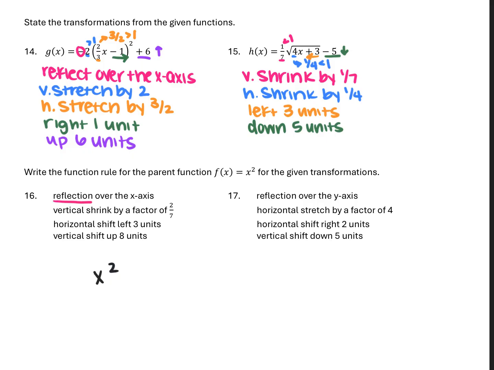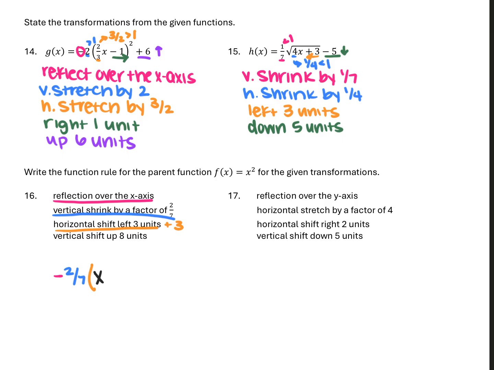So your reflection over your x-axis is going to go in front of that x. Your vertical shrink by a factor of 2/7 goes in front of that x. The horizontal shift to the left 3 units means we're going to be adding 3 to the x, which means parentheses have to go around the x.